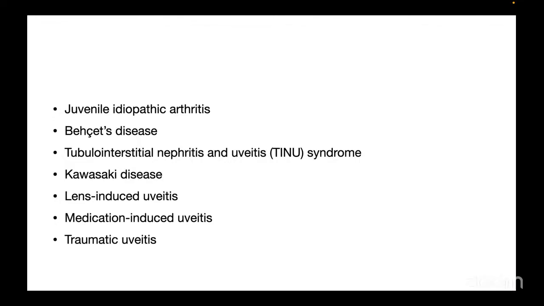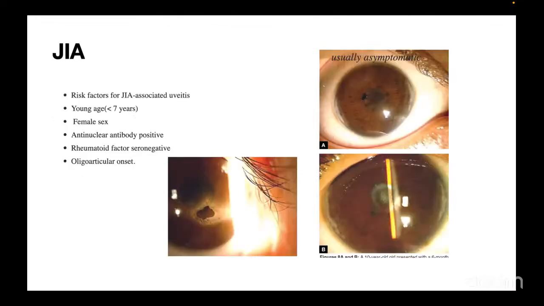So coming to juvenile idiopathic arthritis, which is one of the most important to diagnose, but patients with JIA usually come to us with the diagnosis already. We rarely diagnose JIA and then send to the rheumatologist; usually the patient comes from the rheumatologist.